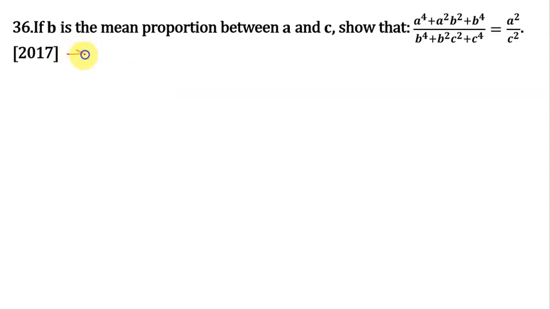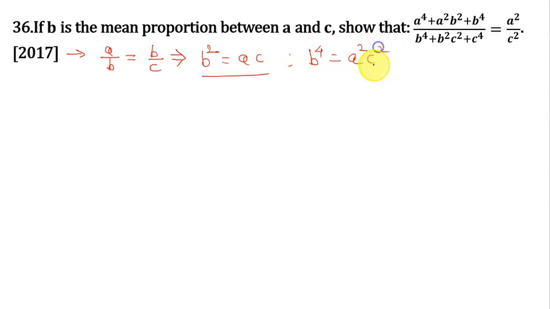Now first, as B is a mean proportion between A and C, you will have A upon B equal to B upon C. It implies that B square is equal to AC. We also require B raised to 4, and therefore B raised to 4 is equal to A square C square.